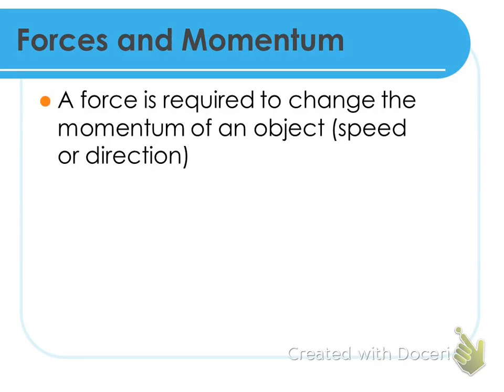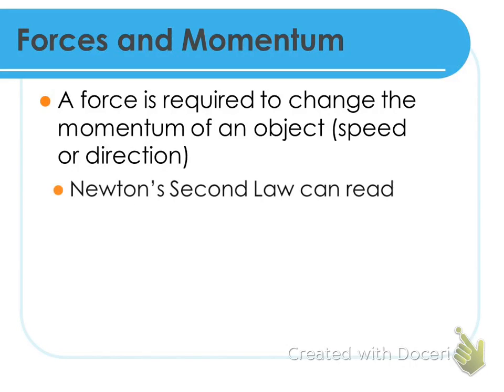That's what Newton's first law, our law of inertia, tells us. So in order for an object to change momentum, we've got to have some non-zero net force acting on it, whether we're changing the momentum in speed or direction. Remember, that changes our vector either way, speed or direction.